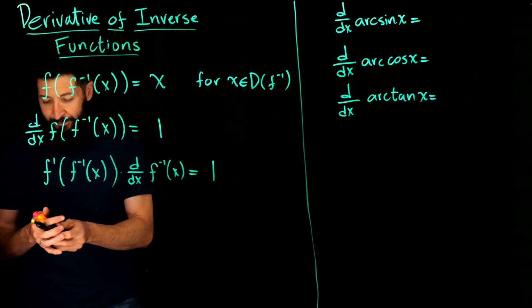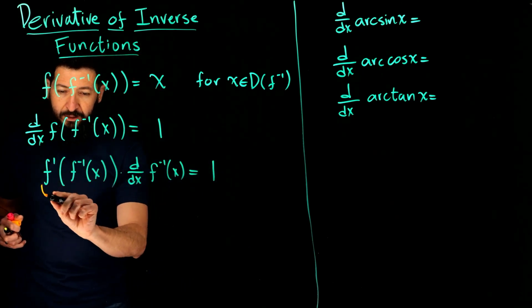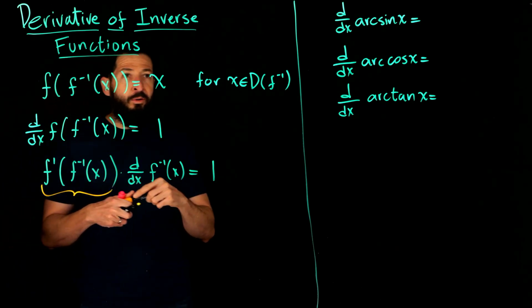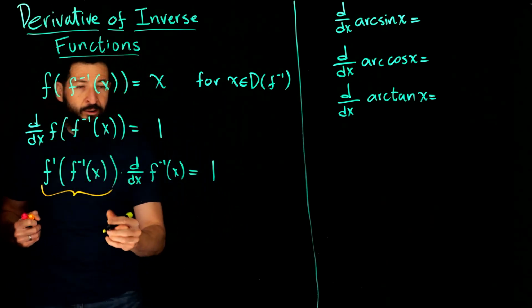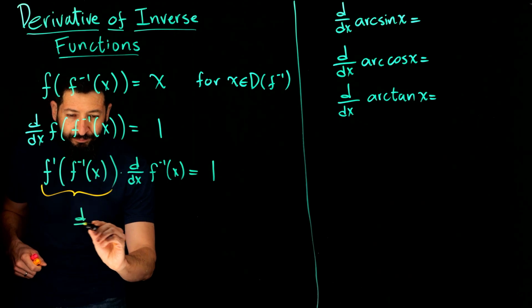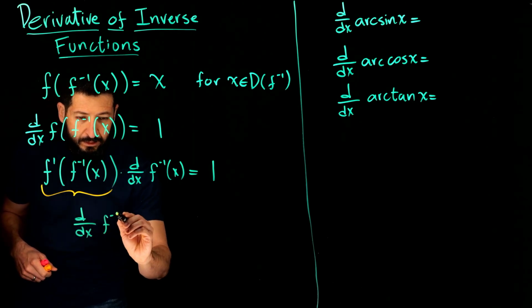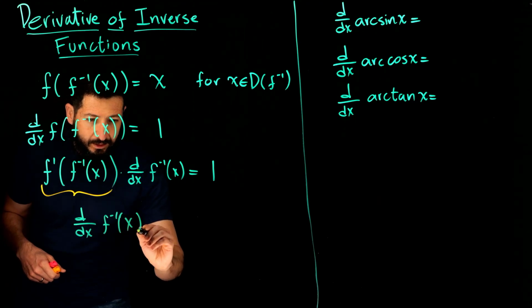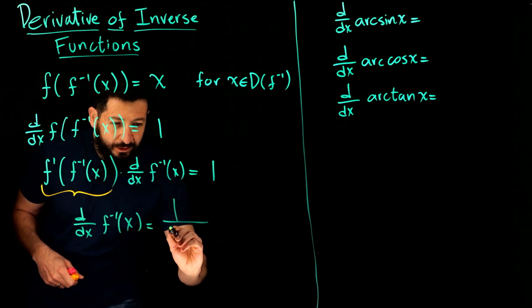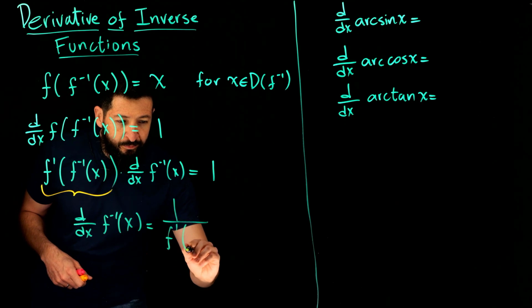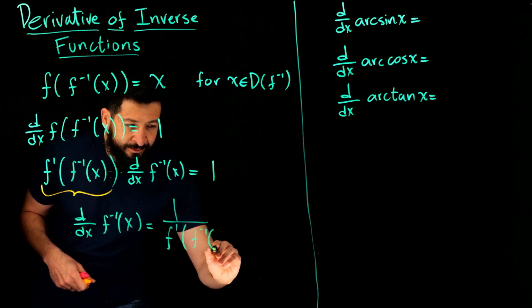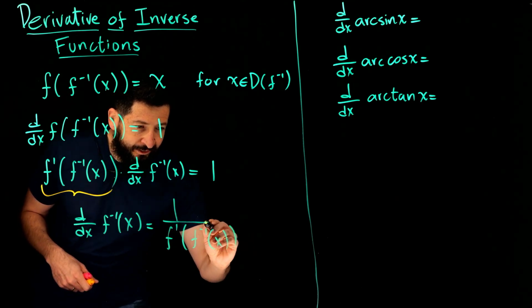So by dividing by this function on both sides, we get that the derivative of the inverse function is going to be 1 over the derivative evaluated at f inverse of x.